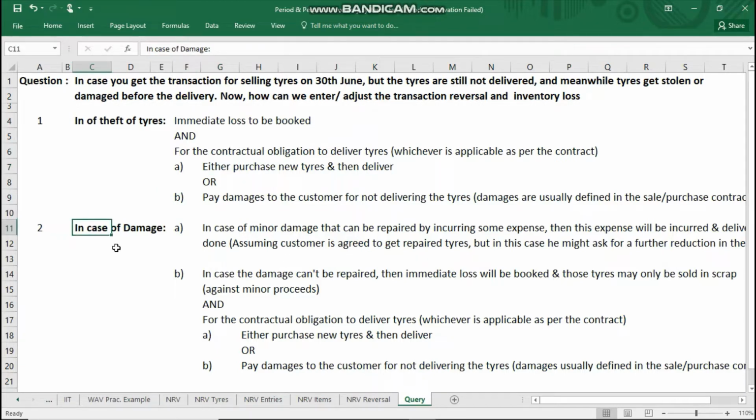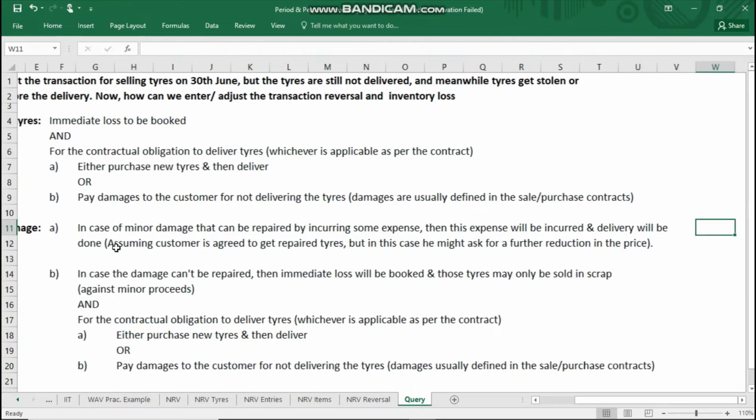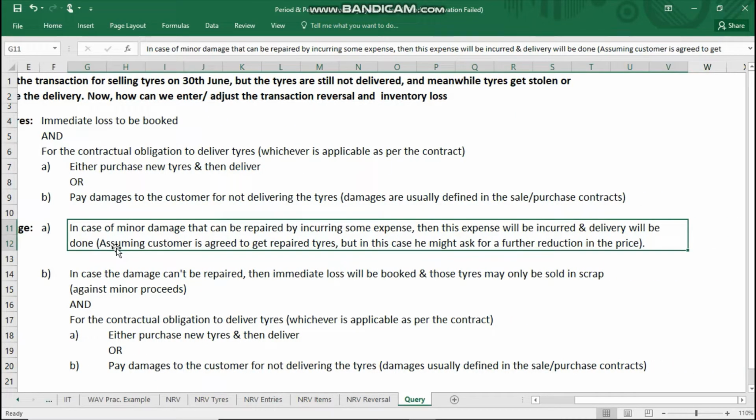Okay, so that is the first scenario. The second scenario is if the tires got damaged. Okay, so there will be two scenarios in that case as well. If the damage is a minor damage and that can be repaired by incurring some expense, then we will incur that expense and will try to deliver those repaired tires to the customer, provided that my customer is agreeing to accept that delivery and is aware of the fact that these tires have been repaired a little bit.